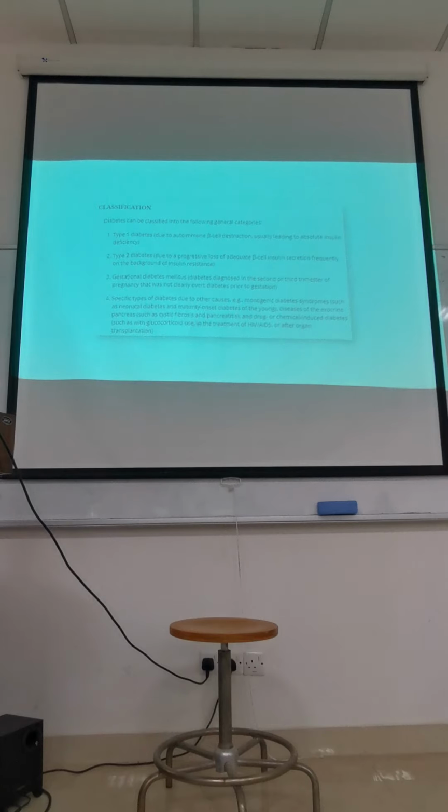Now, if I put the cells of the body, all the cells are here, right? Eye cell, muscle cell, intestine cell, nerve cell, glomerulus cell. So insulin is working on some cells for glucose, right? Insulin is not required by many cells, like the neuron cell does not need any insulin.